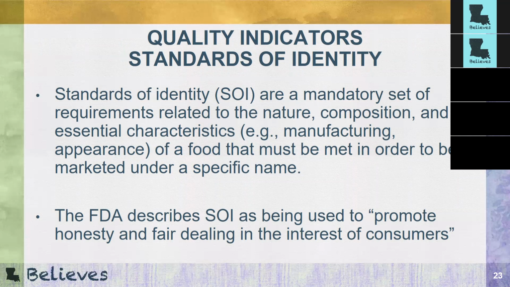Include any applicable quality indicators in your specifications. Some food items are very basic and are either defined by their single ingredient or, again, by their standard of identity. Things such as yogurt. Standards of identity are a mandatory set of requirements related to the nature, composition, and essential characteristics a food must have in order to be marketed under a specific name.